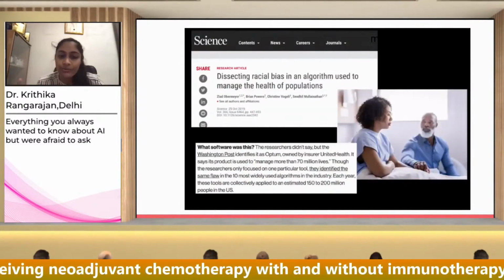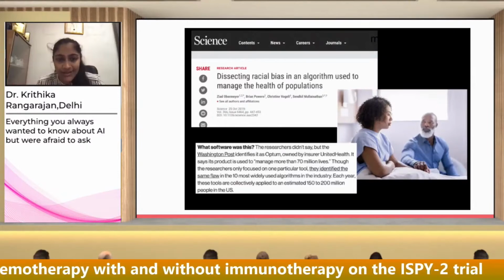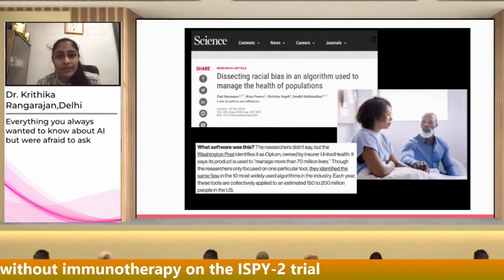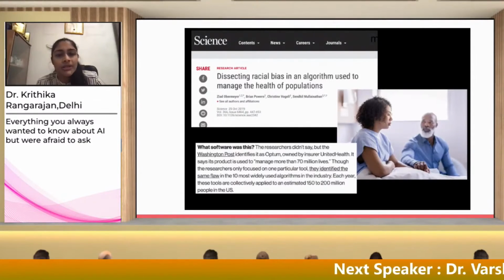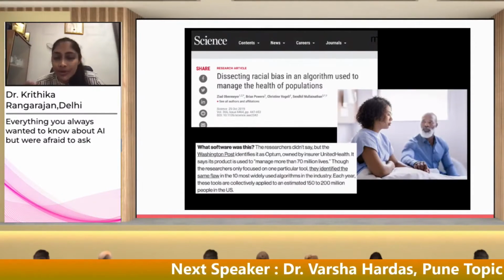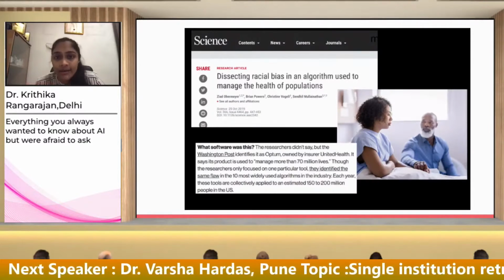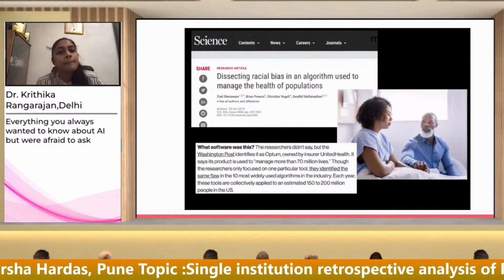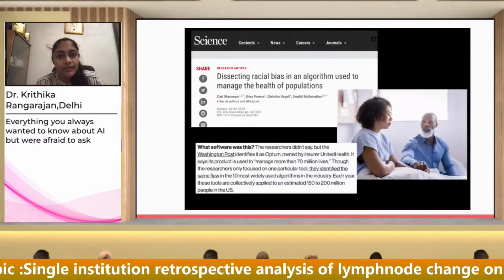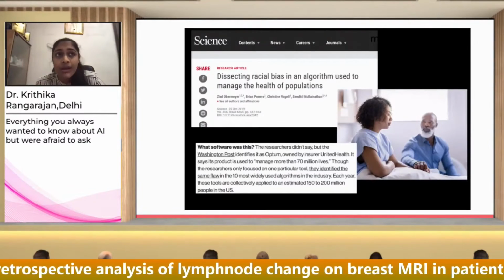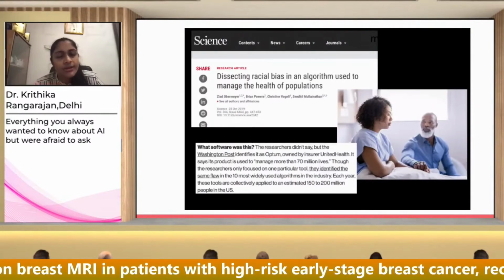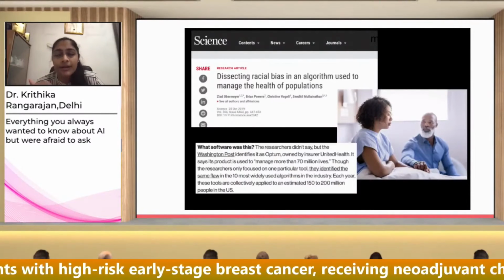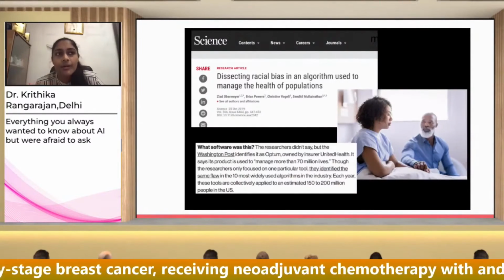Some examples of where this can go wrong and why this is important. One of the examples that Professor Regli mentioned is this particular example where the network was trained to predict or to guide the treatment procedure based on information it gathered from electronic medical records. However, when you look at the electronic medical records, not all patients are fortunate enough to get the same kind of treatment.